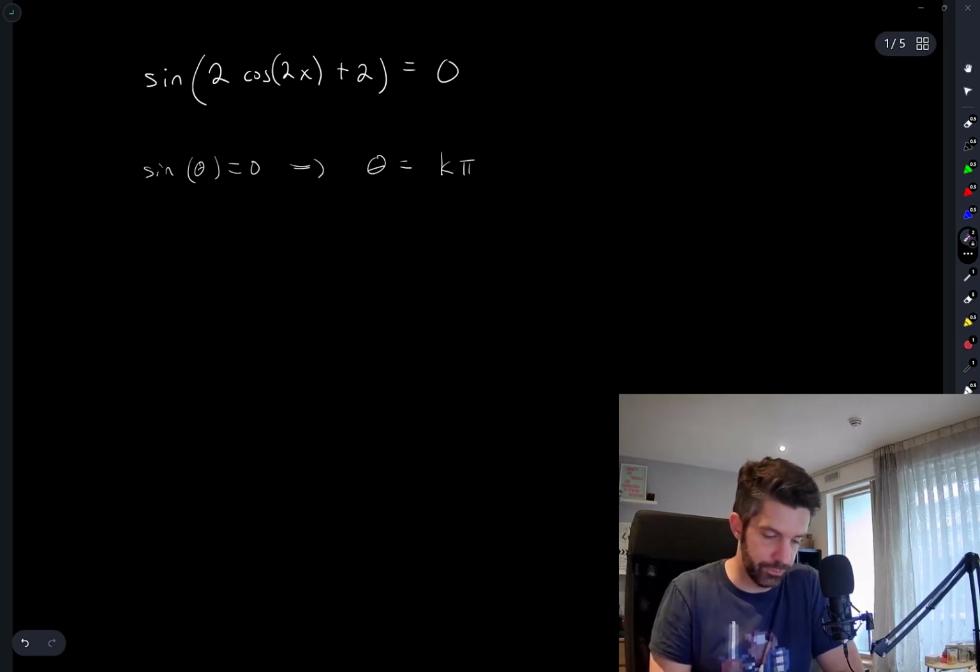So the first part of this is pretty easy. Sine theta equals 0, if you picture what the sinusoid function looks like, is equal to 0 at integer multiples of pi.